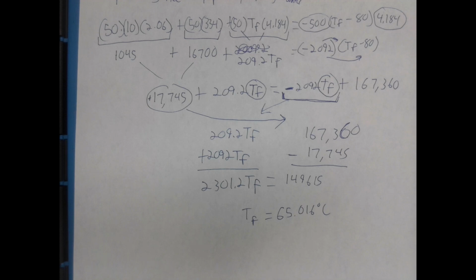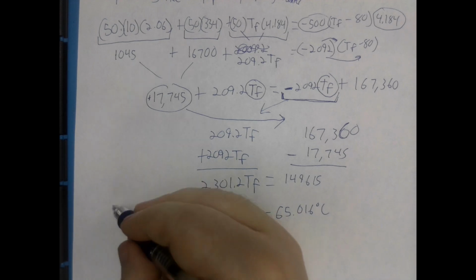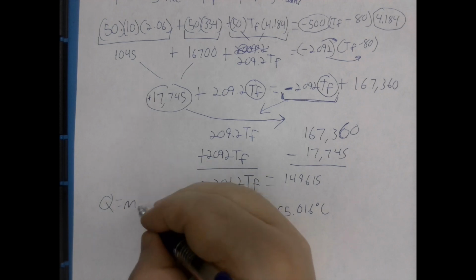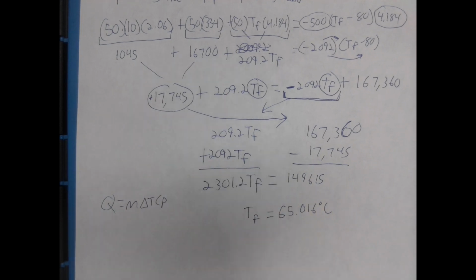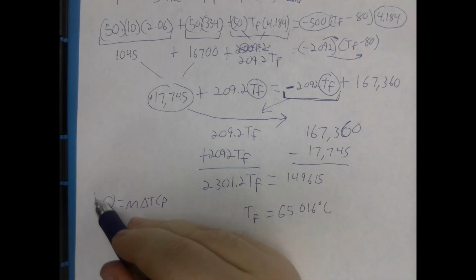And then the last 10 are going to be questions like that. Except for, let's see, most of them are just simple Q equals M delta T Cp, in which case this is your complete equation.